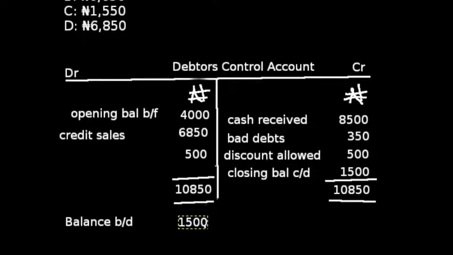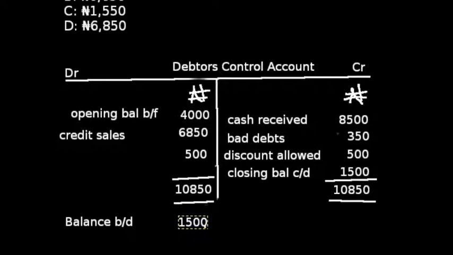So all items that are to be posted to the credit side are cash received, bad debt, discount allowed, and closing balance. The only item that goes to the debit side of the debtors control account is just the opening balance, which is 4,000 naira.